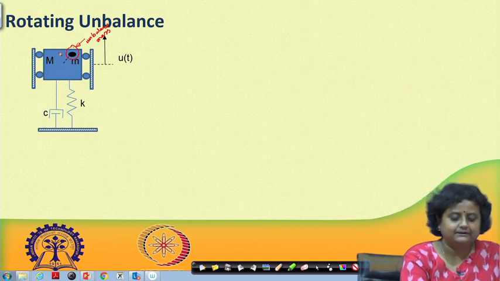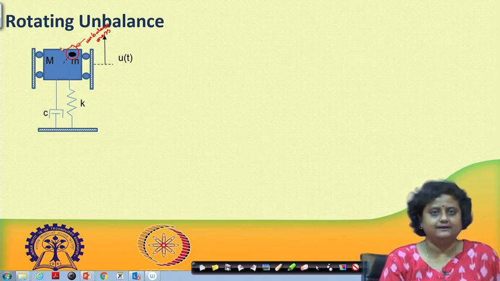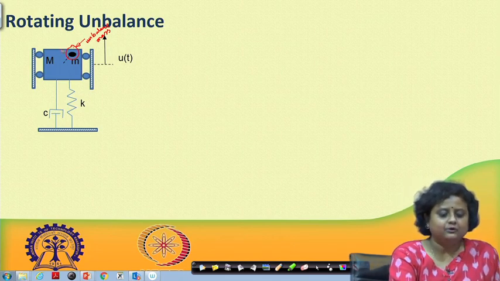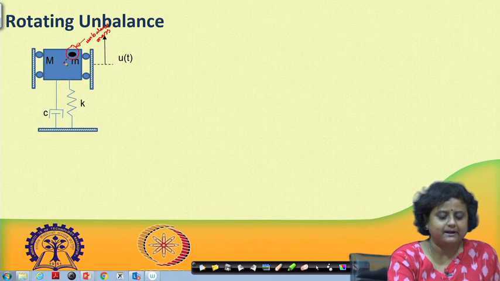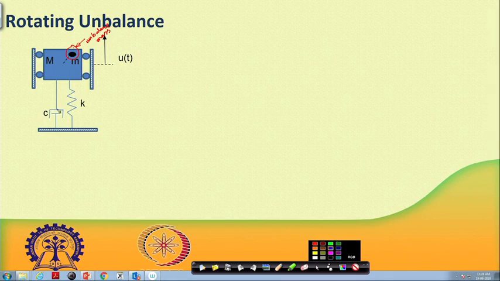This blue block that I have houses a rotating device, maybe a rotating machine or a turbine or whatever. Usually this kind of rotating machine or compressor is placed on an elastic foundation, and the elastic foundation can have a very simple model of a spring and a damper.